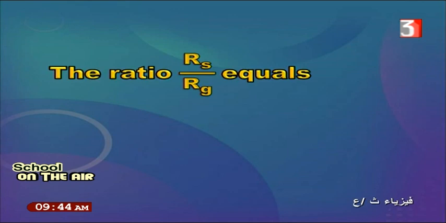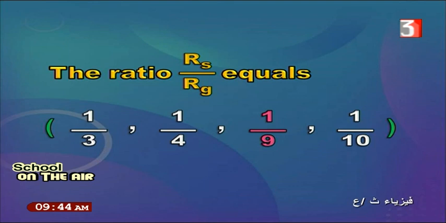Now we want the ratio between the shunt resistance and the resistance of the galvanometer. Is it equal to 1/3, 1/4, 1/9, or 1/10? Quite clear, the answer is 1/9. How did we know it? I'll explain. The shunt resistance is given by Ig Rg over I minus Ig.